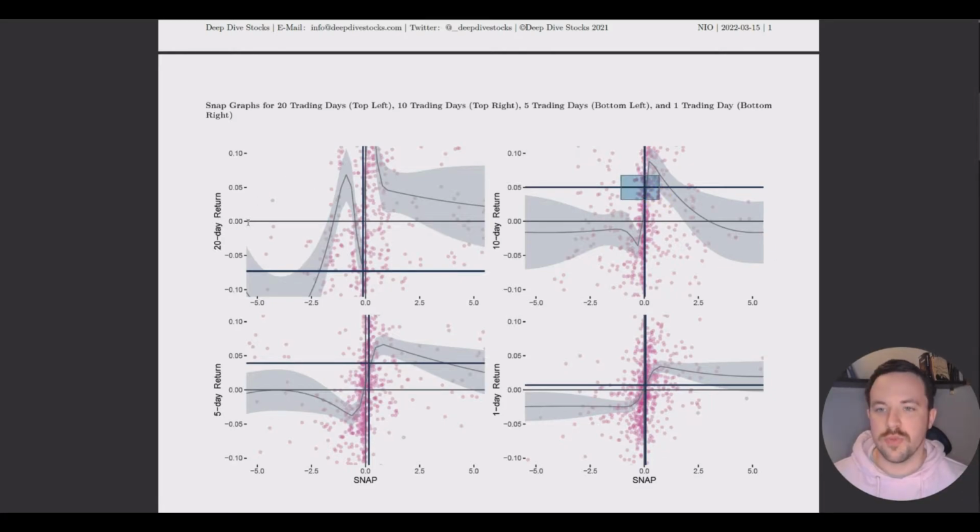But on the longer term, on the 1 month time frame, we seem to have negative returns that are still indicated. And the snap graphs are useful because it sums up all of VoEx and gives us a nice clean prediction of the way that the price typically behaves with previous similar VoEx behavior.